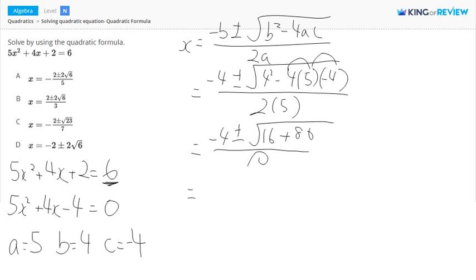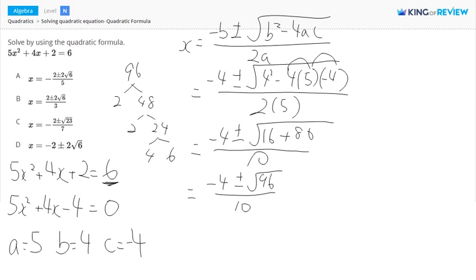Now that turns into negative 4 plus or minus the square root of 96 over 10. Okay. Then you realize, I probably can do something with this 96. So let's make a factor tree. 2, 48, 2, 24, 4, 6.